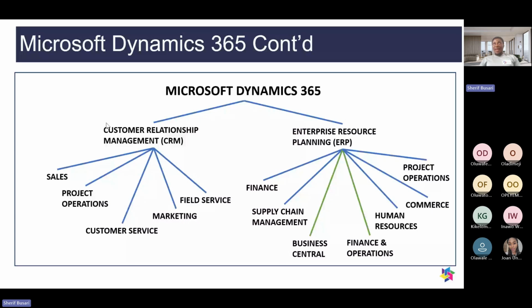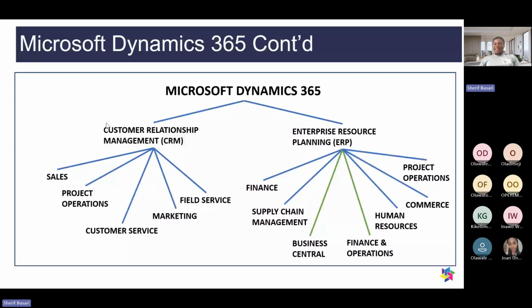So we have something like supply chain management, and finance, which is peculiar to the organization itself, so it's internal to the organization. We have project operations, commerce, and then human resources. These can also be broken down into smaller modules or segments, really, but these are the major ones.